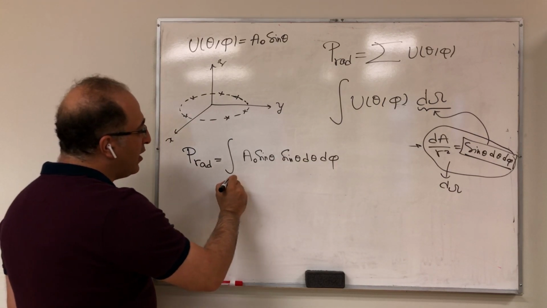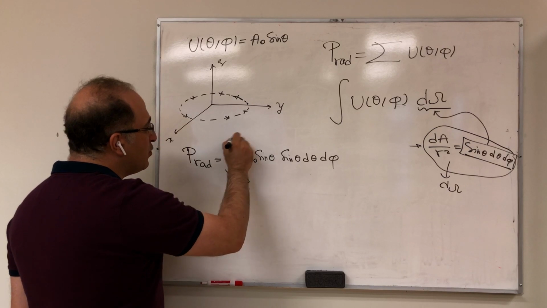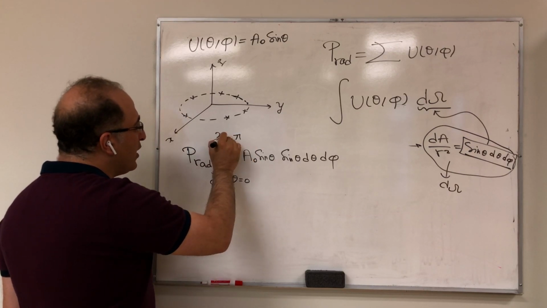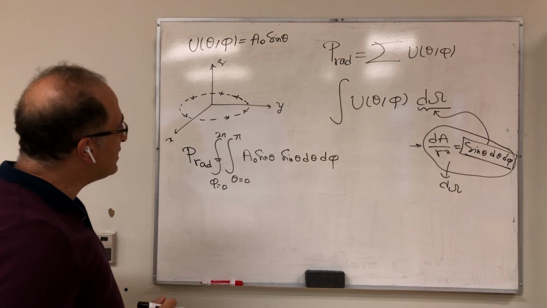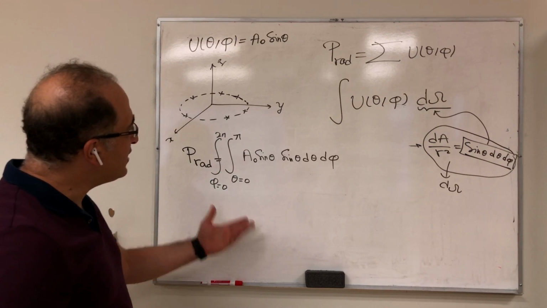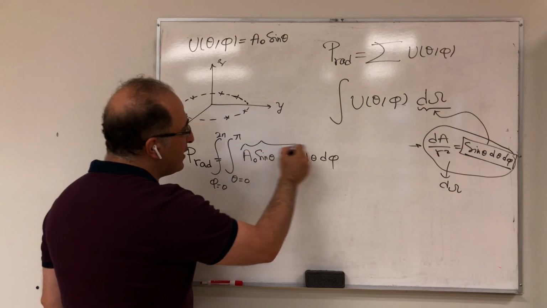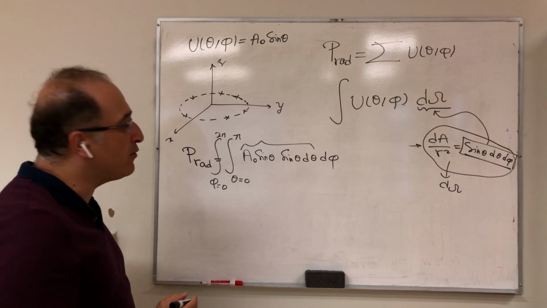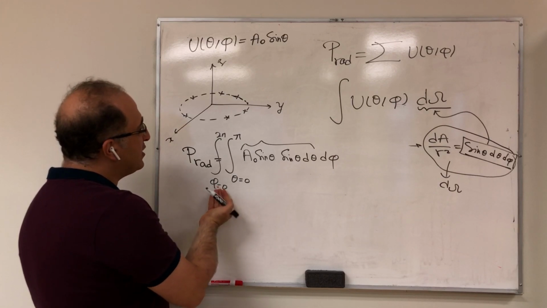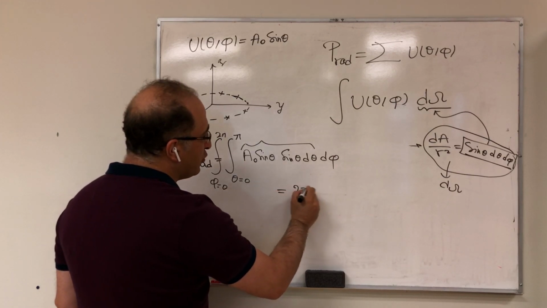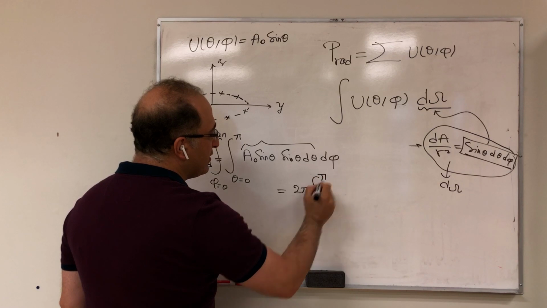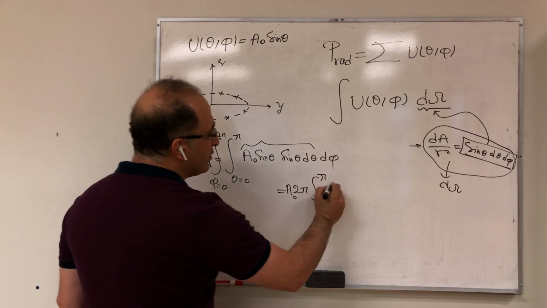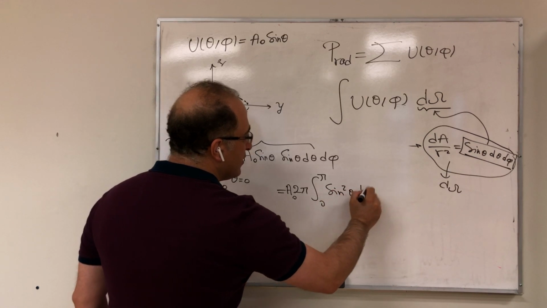Theta varies from 0 to pi, phi varies from 0 to 2 pi. So this is what we have. As you see, the integrand doesn't have any phi dependency, so it's easier to first integrate over phi, which is going to be simply 2 pi. So I'm going to have 2 pi, then I can take A naught out, and the integrand over theta remains.